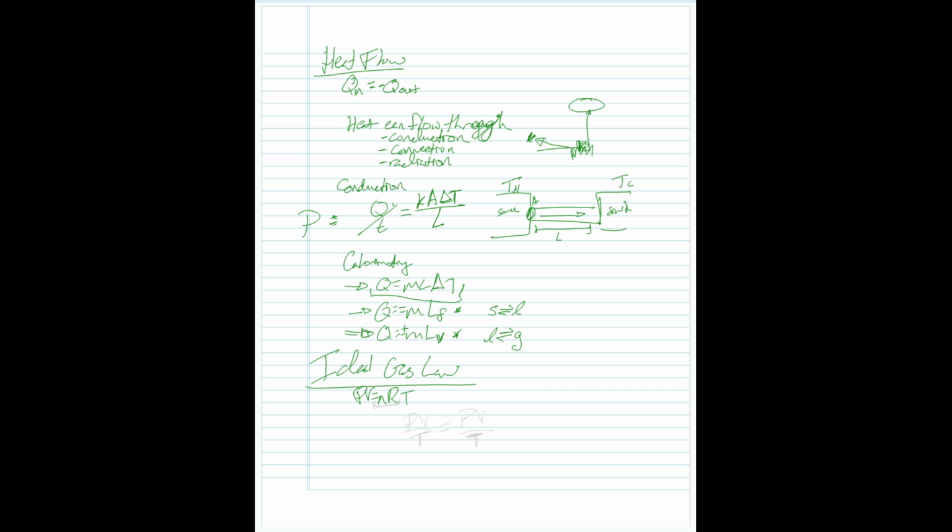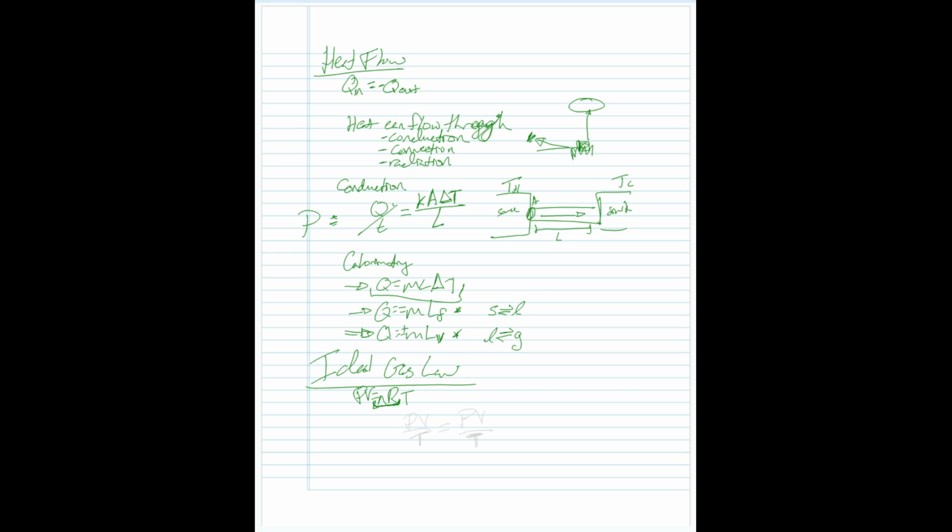There is a variant of this called the combined gas law, which deals with when our container is not changing the number of moles in it. We recognize that when our container is sealed, nR is going to be constant.